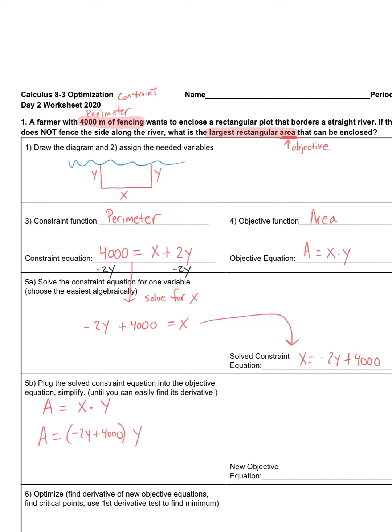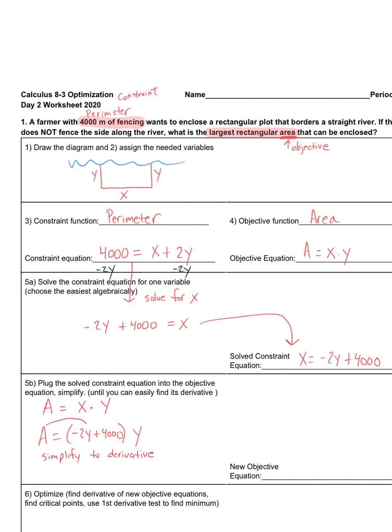All right, now my goal is to take the derivative. I don't want to leave it like this because that would be a power rule, but if I just distribute, I can simplify. We want an easy derivative.